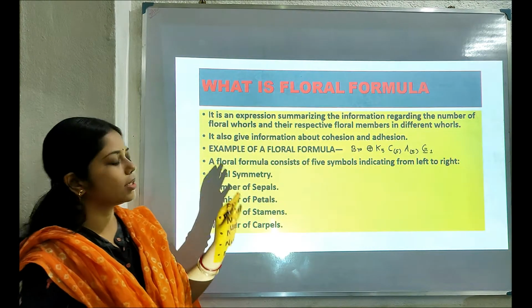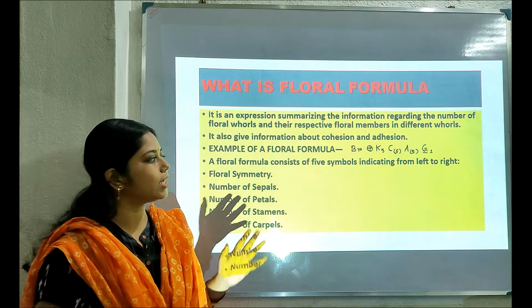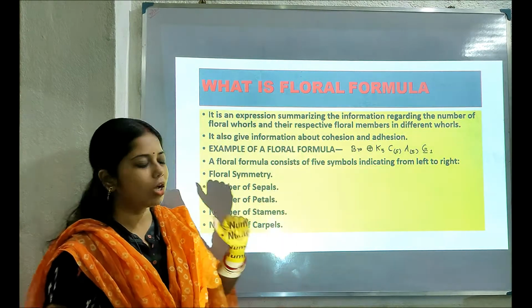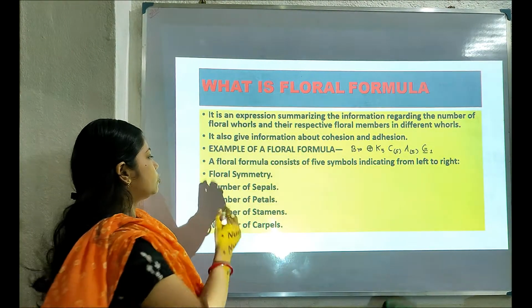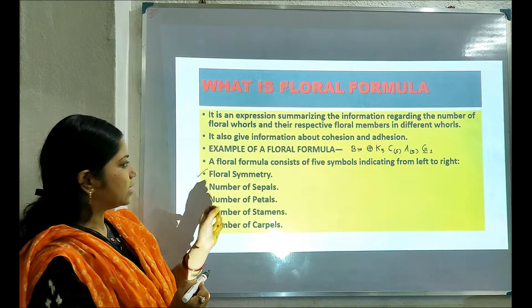The floral formula consists of 5 symbols indicating from left to right. What are those symbols? First one shows the floral symmetry.